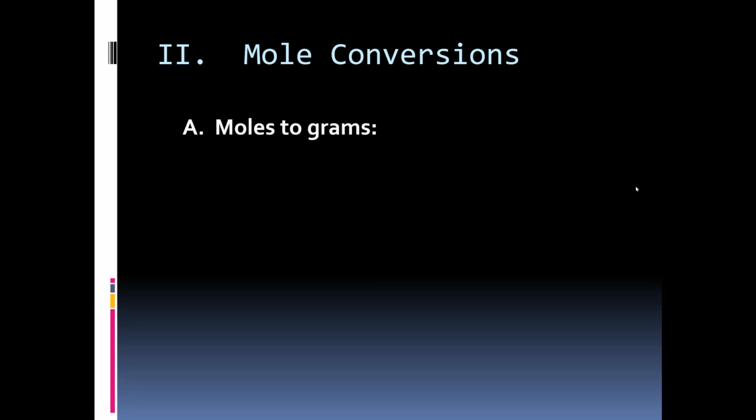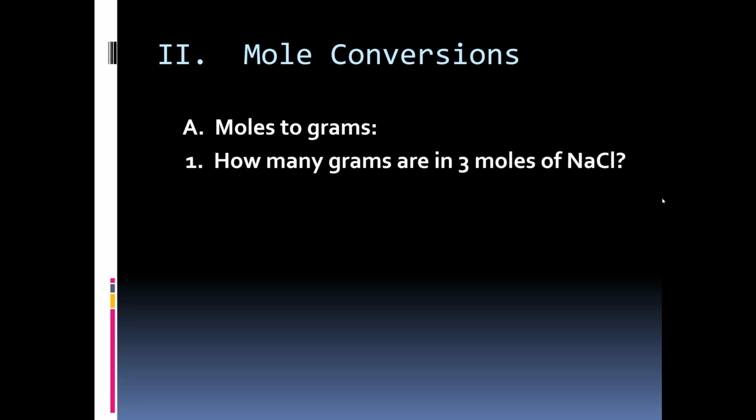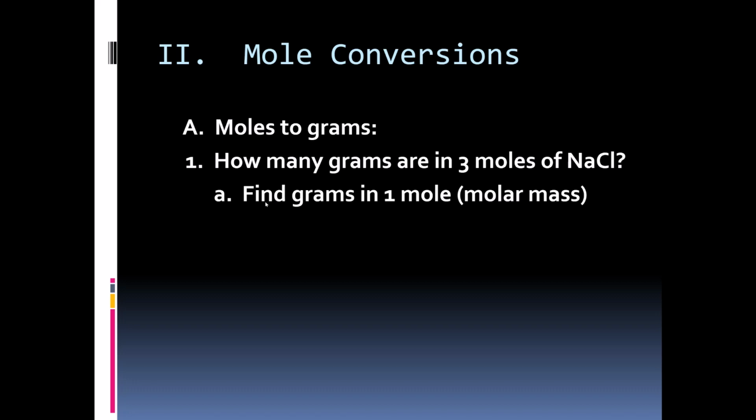So we have our first conversion, which is moles to grams. This is how many grams are in. So our first question is how many grams are in 3 moles of sodium chloride? The way you can go about thinking about this is first you need to find how many grams are in 1 mole, or the molar mass of NaCl.